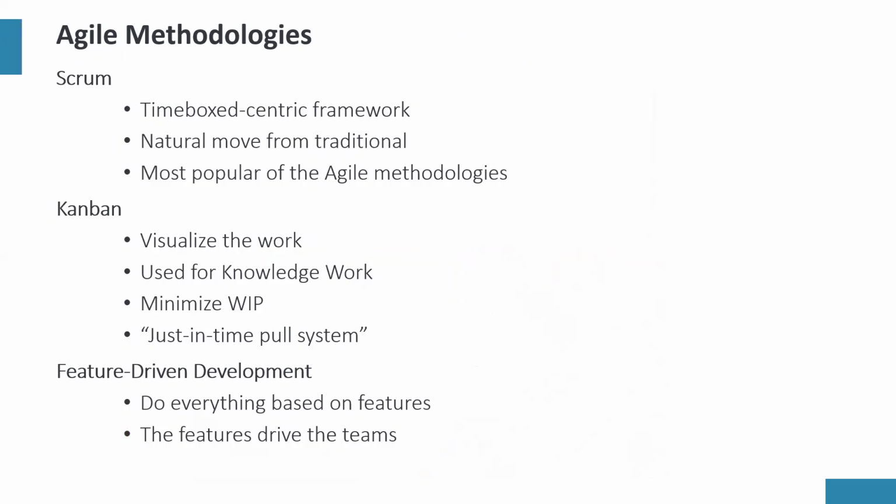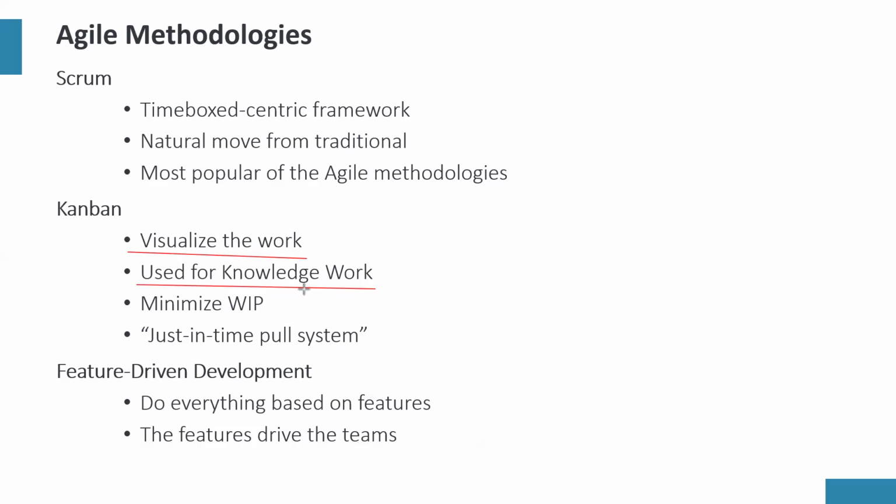The reason we're focusing on Scrum is because Scrum is the most popular framework. Scrum is a time box centric framework, which means Scrum believes in fixing the time to deliver features, right? Kanban is perfect when it comes to visualizing the workflow. It is used for knowledge work. Why is it used for knowledge work?